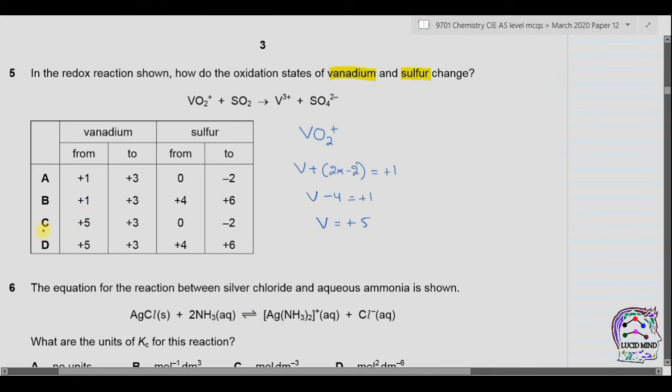Now the answer could be C or D. Finding the oxidation state of sulfur in SO2. Again we have two oxygen atoms, so sulfur minus 4 and the overall charge is 0. Sulfur is plus 4.